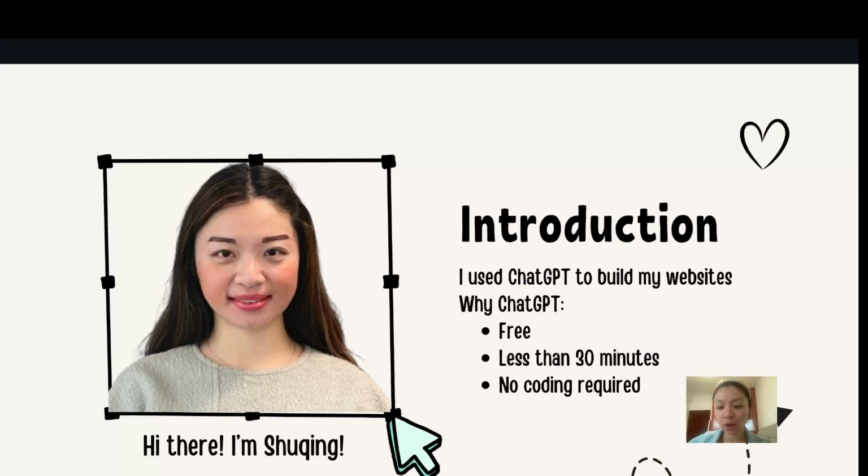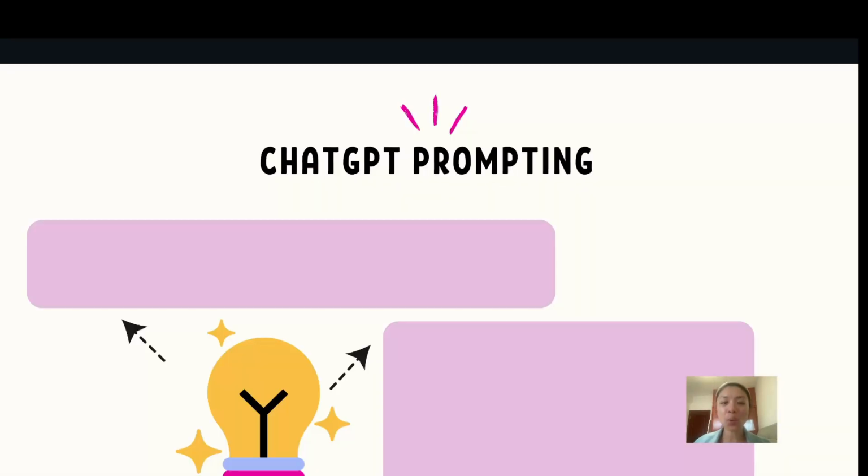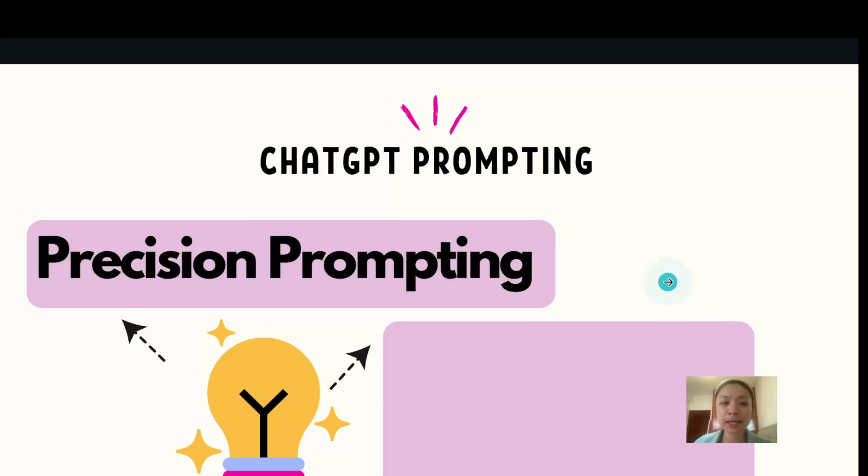Yeah, so before we jump right in, we need to understand how we can interact with ChatGPT to maximize our efficiency. The first one is we need to give ChatGPT very specific prompting instructions. So in this tutorial, we're gonna give ChatGPT very clear instructions.